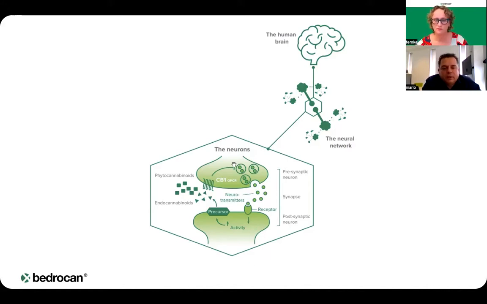The receiving cell starts to produce anandamide or 2-AG, and this is then released back into the synaptic cleft, and it travels through the space between those nerve cells back to the CB1 receptor. Upon binding of this endocannabinoid to the CB1 receptor, the release of these neurotransmitters is halted. So it's a negative feedback system.